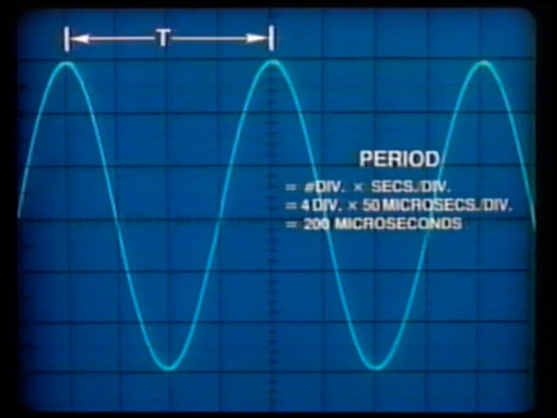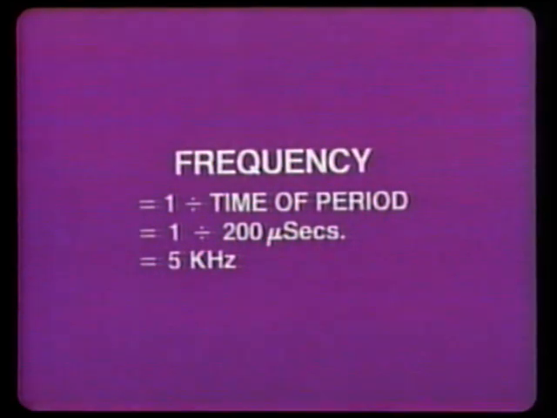The period of this waveform is 200 microseconds. Frequency is found by dividing 1 by the time of the period. Therefore, the frequency equals 1 divided by the period of 200 microseconds, which equals 5 kilohertz.